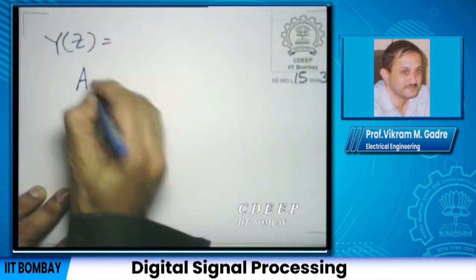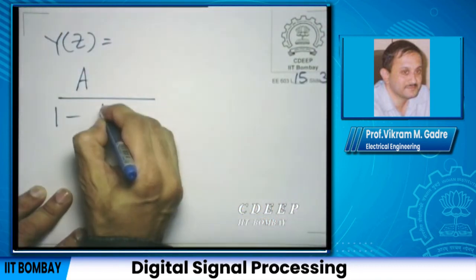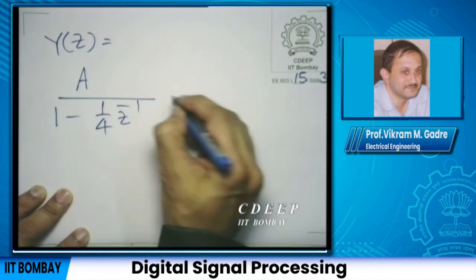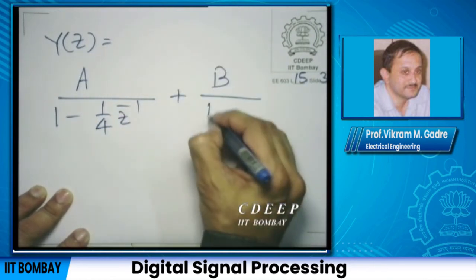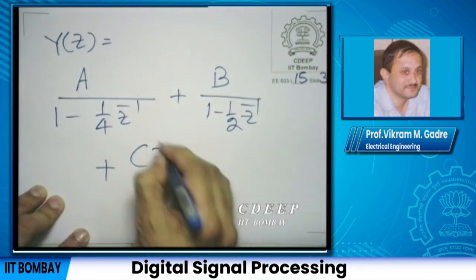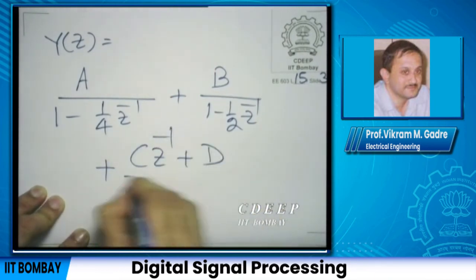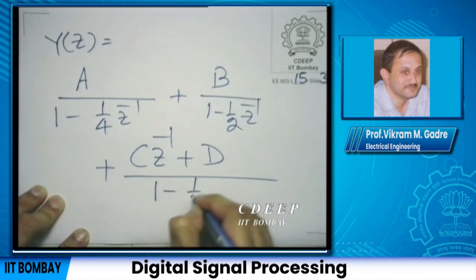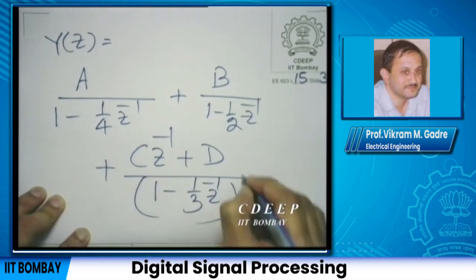So, Y(z) can be decomposed in the form A by (1 minus 1/4 Z inverse) plus B by (1 minus half Z inverse), plus (C Z inverse plus D) divided by (1 minus 1/3 Z inverse) the whole squared.